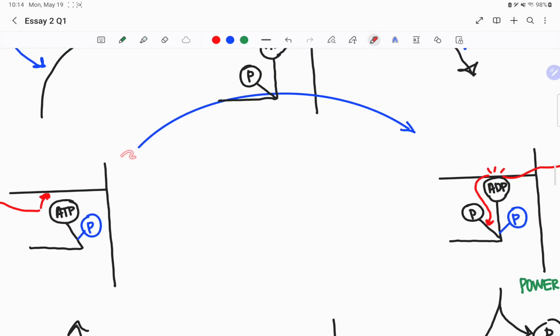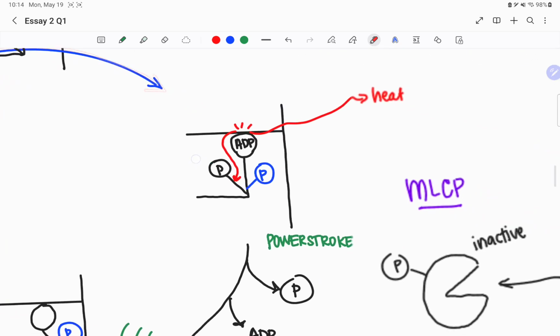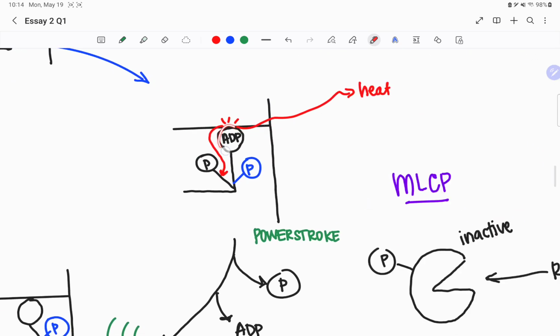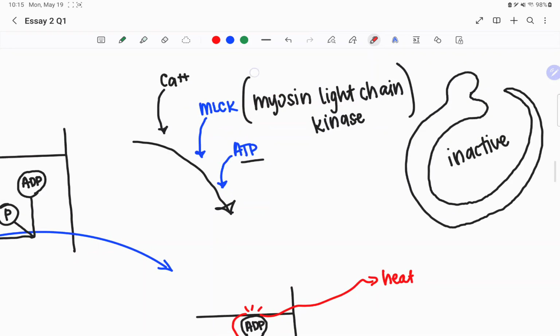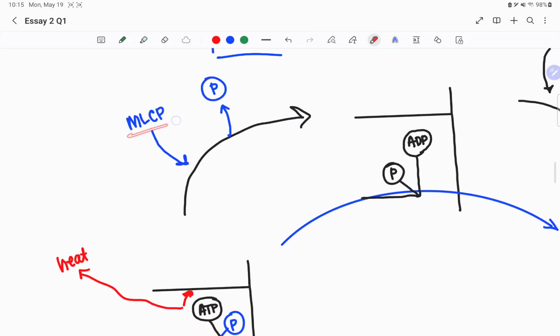Okay, so now instead of going back up to here, we're going to kind of bypass this whole step. Okay, so now we're back here. Head group's still pretty. Right? We still have the phosphate, we have all this. So we don't need any of this at this point. Okay? Not unless MLCP, myosin light chain phosphatase, I can't remember how to say it.